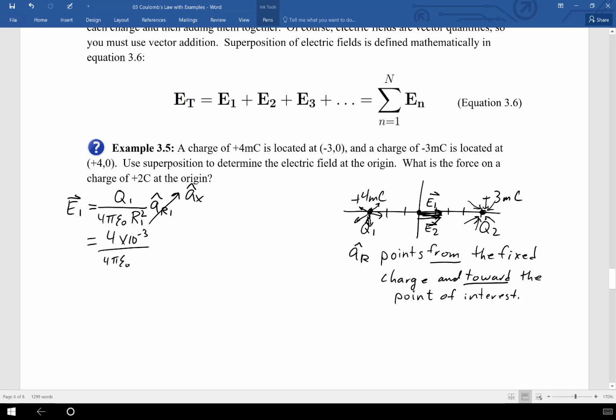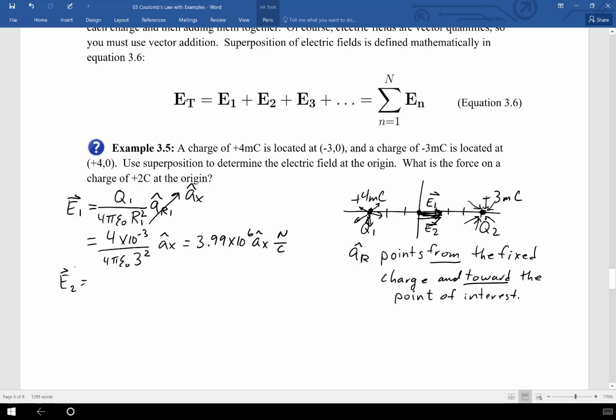What is the distance, R? Well, R1 is going to be 1, 2, 3 units between Q1 and the origin. So this is going to be 3 meters squared times a sub x. And this works out to be 3.99 times 10 to the 6th a sub x newtons per coulomb.